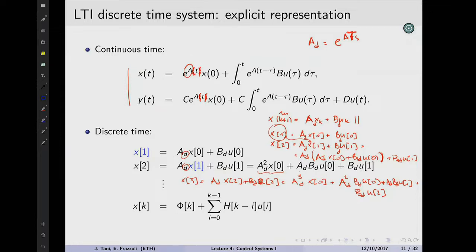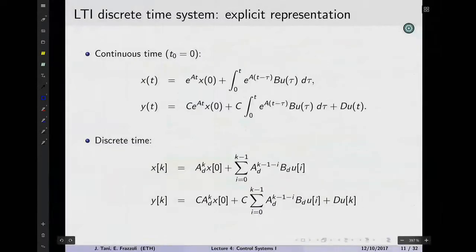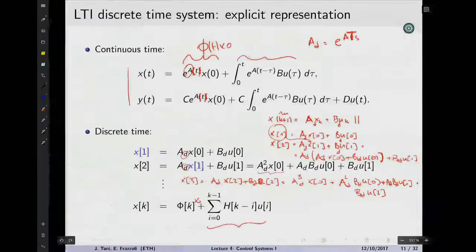The pattern is that we can write the explicit representation in a very similar way as we did before, with some state transition function acting on the initial conditions, and another term that represents the forced response, that is the contribution of the input signal to the output. And how do we get these functions here? Well, it's by inspection.